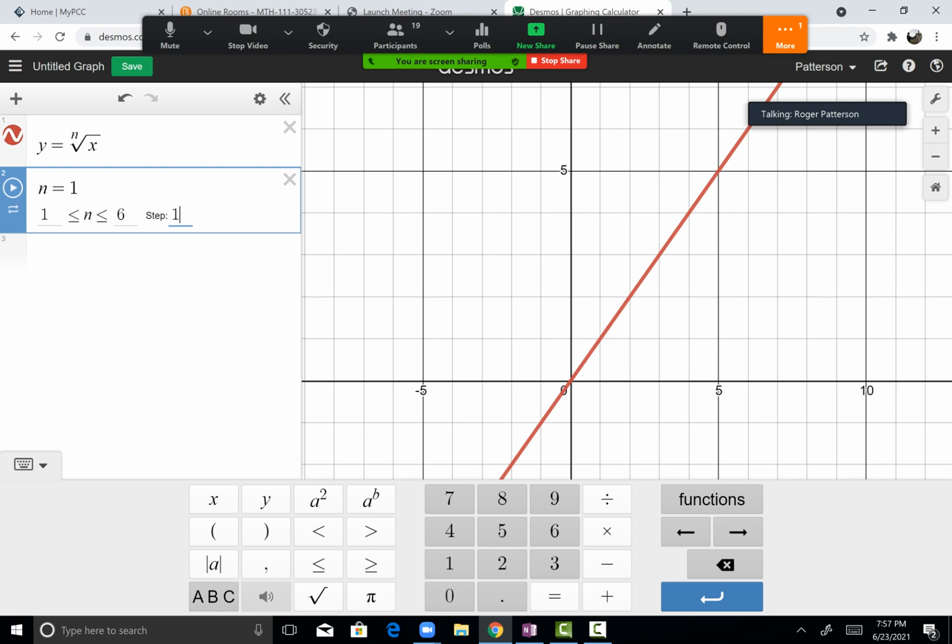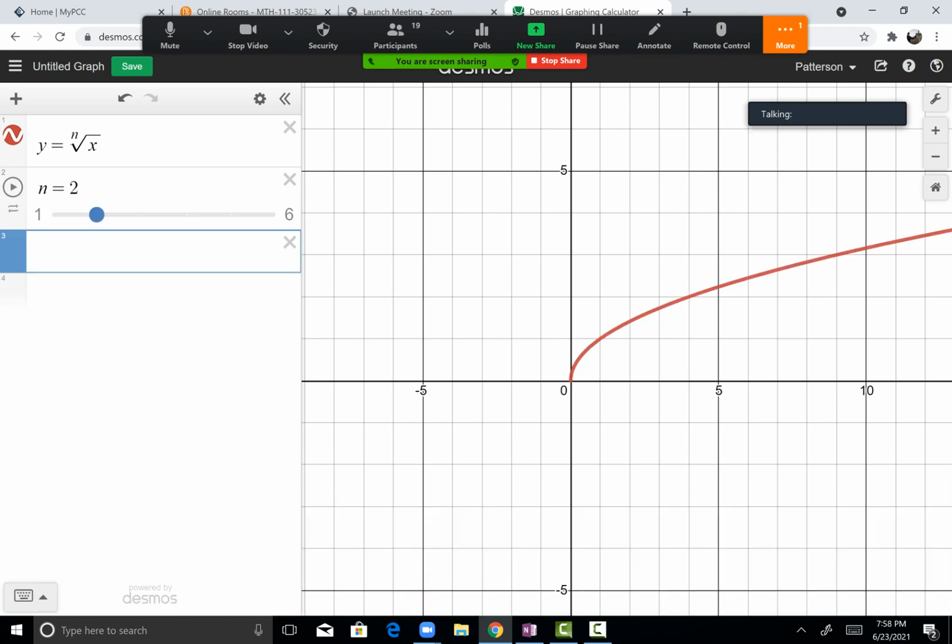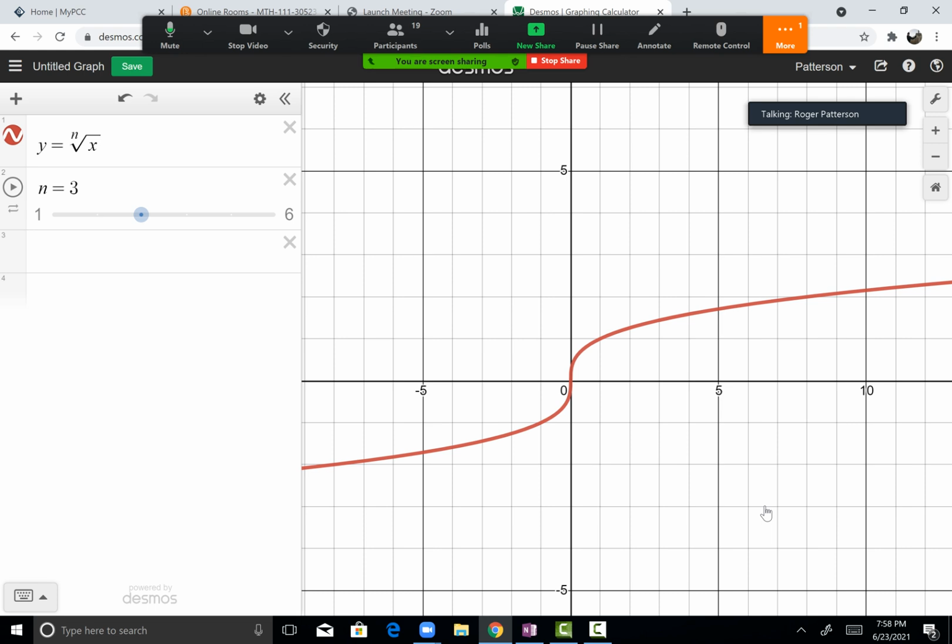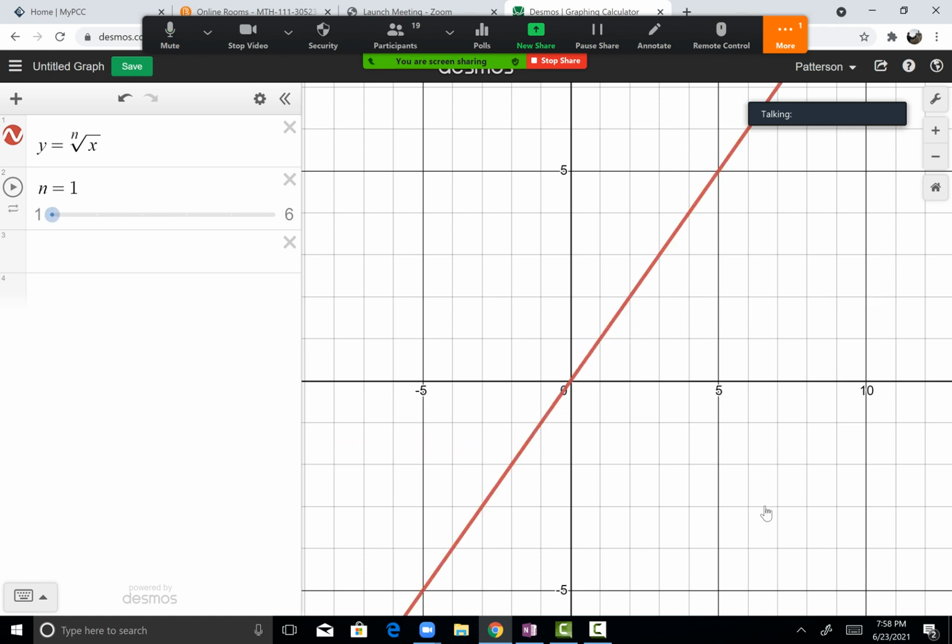All right. So now I'm going to play with this again. So there's a line. That's no big deal. Well, look, here's a 2. 3, 4, 5, 6. Okay, so tell me about your even roots. What's the domain?